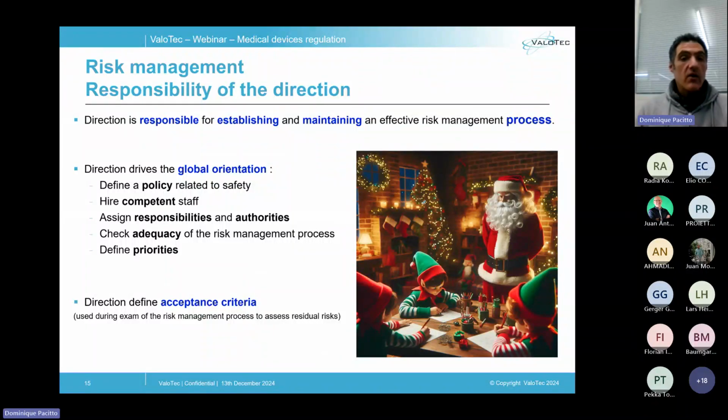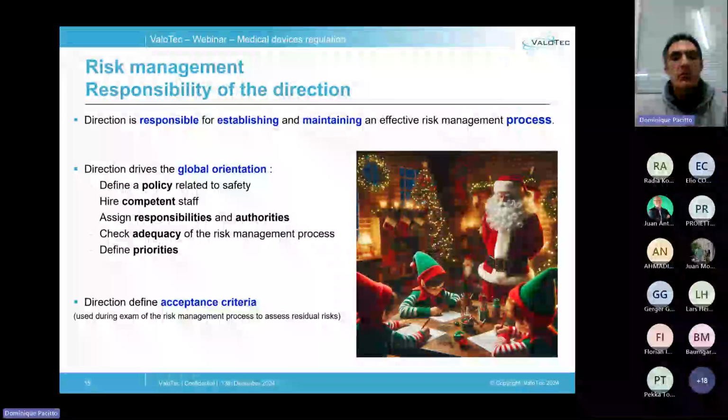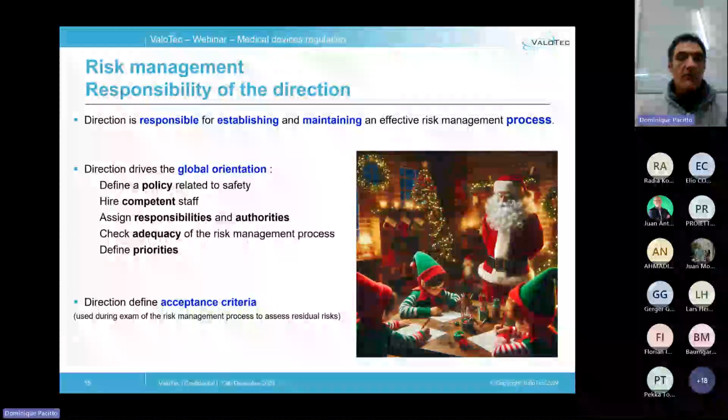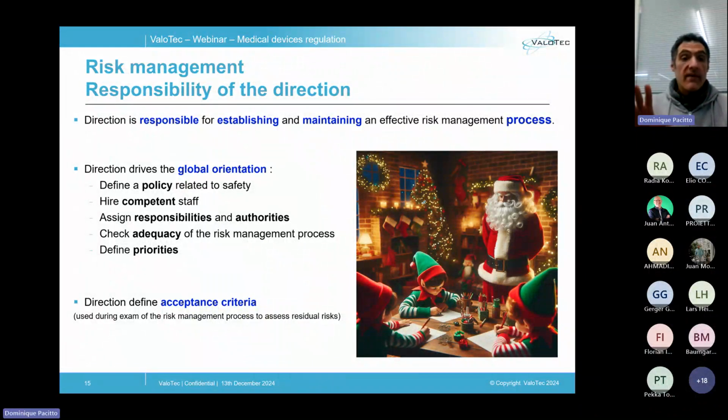To do that, the direction shall provide a global orientation of the risk management process, whose most significant tasks are, for example, to impulse a policy related to safety, to hire a competent staff, to plan the activity, to assign responsibilities, to check the adequacy of the risk management process, and to define the priority. These are only common direction tasks.